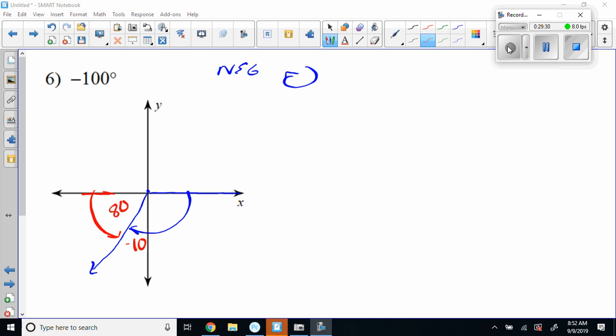Or you could just say, I guess the negative 10 lets you know that you're past 90, right? Which would be 100. That's a little bit more than just slapping negative 100. Y'all understand what I'm talking about? I could put negative 100 and now you have to put the negative 10 there. But how would they have it written if they wanted me to write the angle? Think about that. Do I have enough information to find it? So I could either do it by the negative 10 or the 80 there. Either one gives me enough information to get back the other way. Okay. Any questions on this? Y'all good?